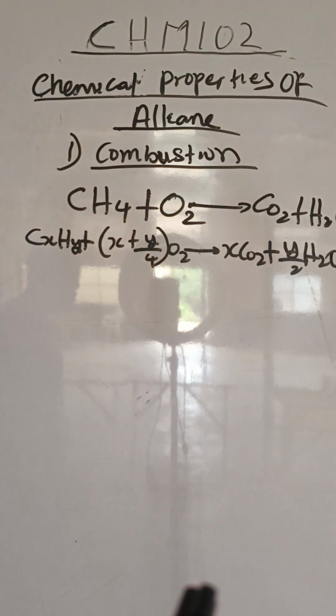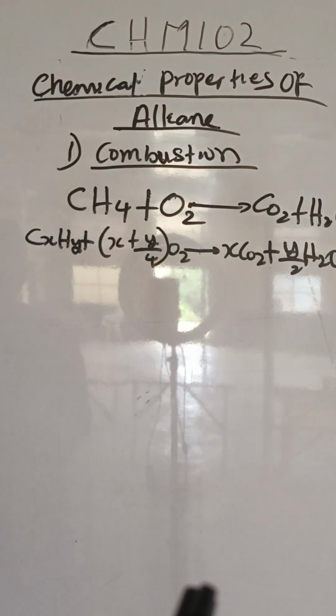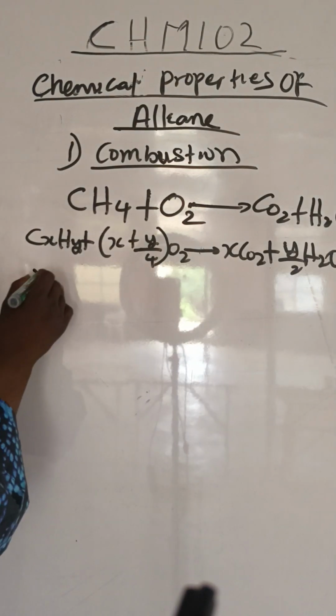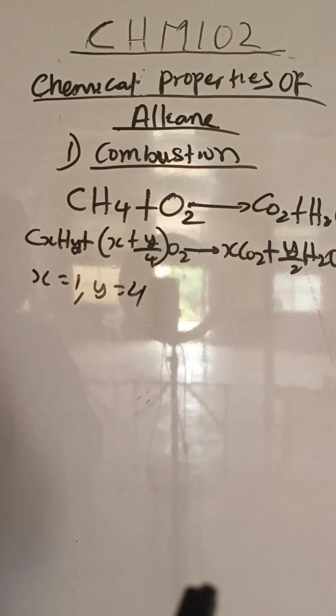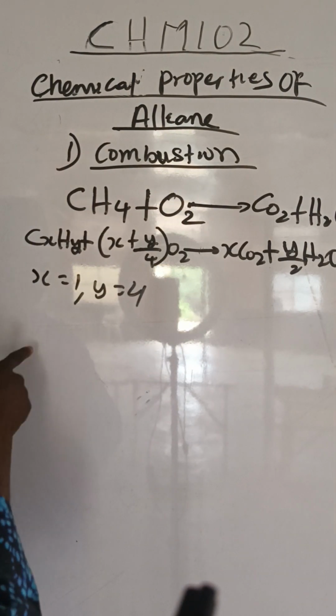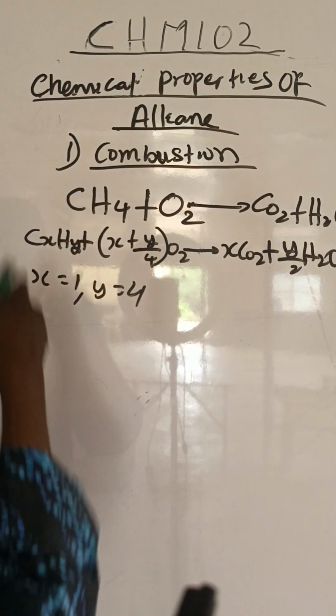This is what is called the combustion formula. That means in this place, our x is 1. Then our y is equal to 4. Anywhere you see x, you write 1. Anywhere you see y, you write 4.